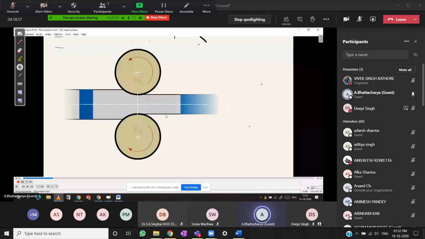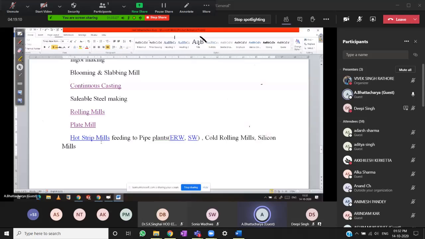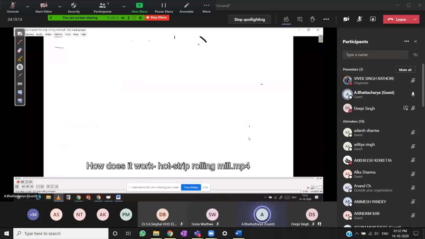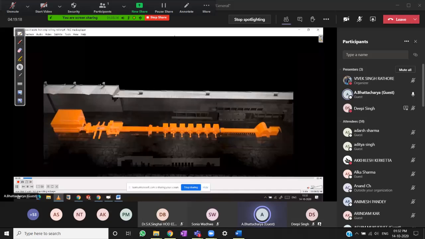It is done in plate mill and strip mill. So I'll show you another video. Hot strip rolling. So this is the furnace where the cold slabs are heated, reheating furnace.